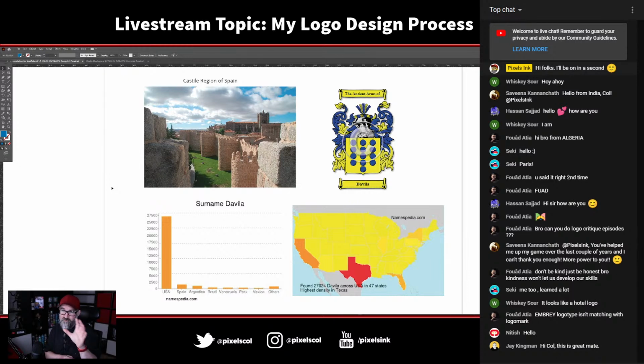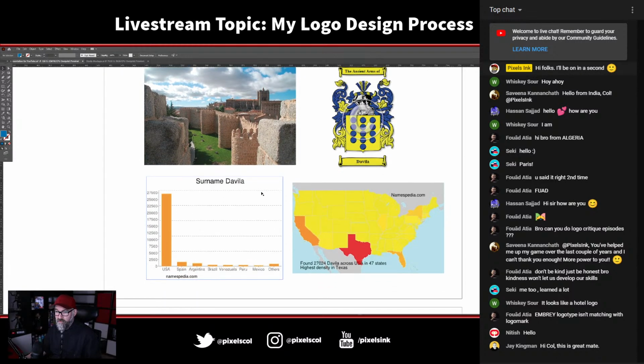I found some photographs of an old town, lots of parapets and castle-looking architecture. I found the coat of arms for the family name Davila, and looked at how many people have that name in the world these days.